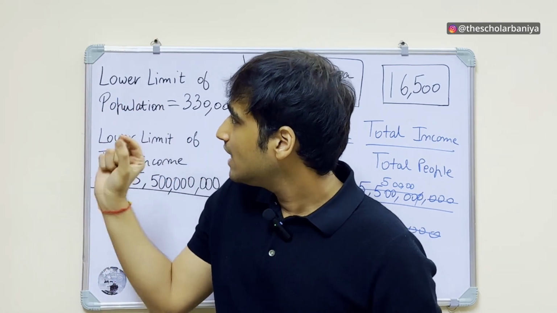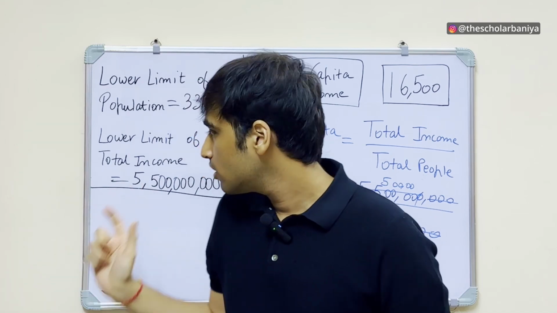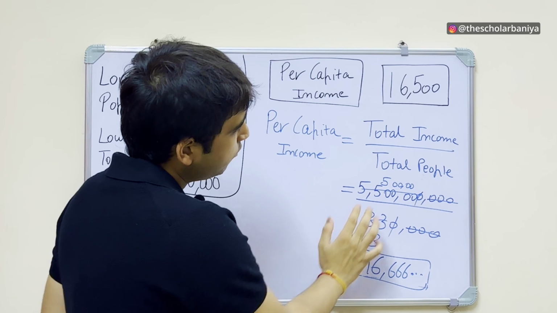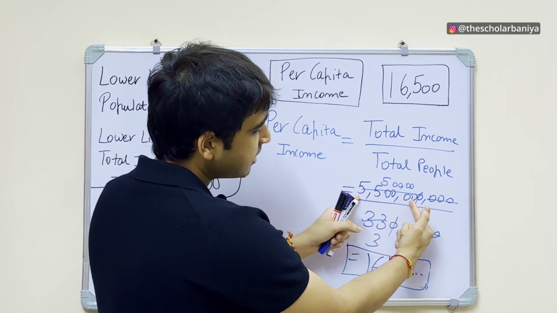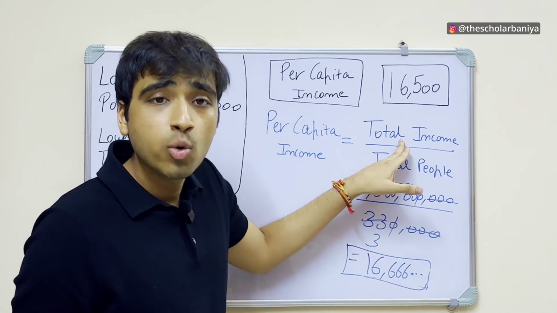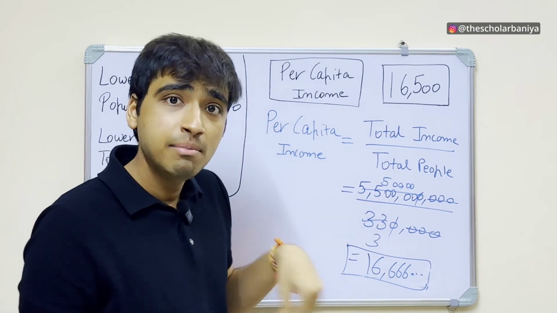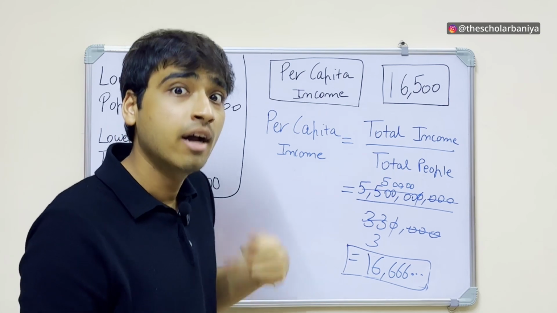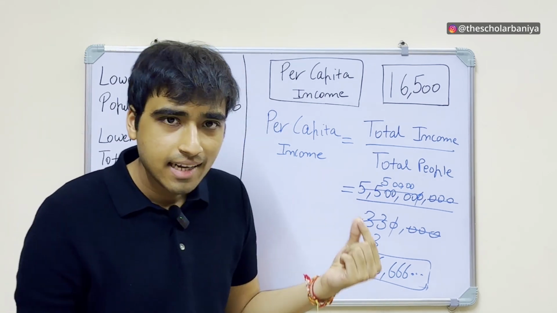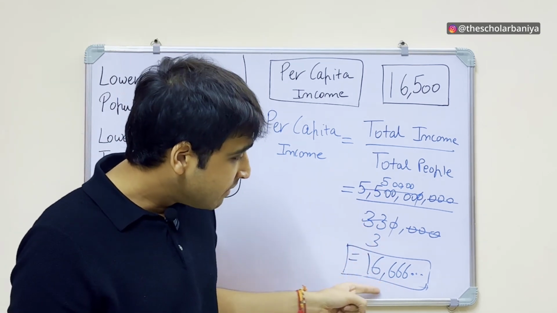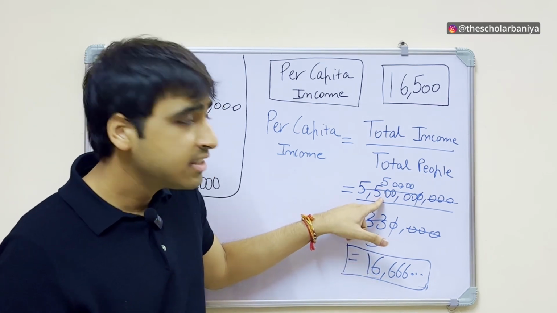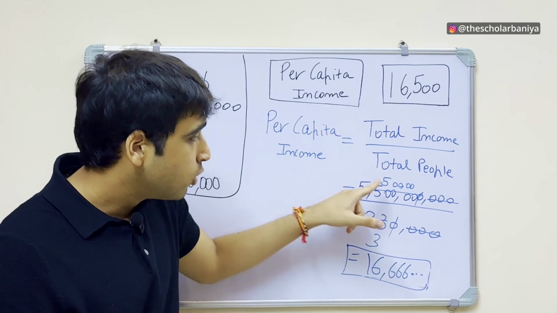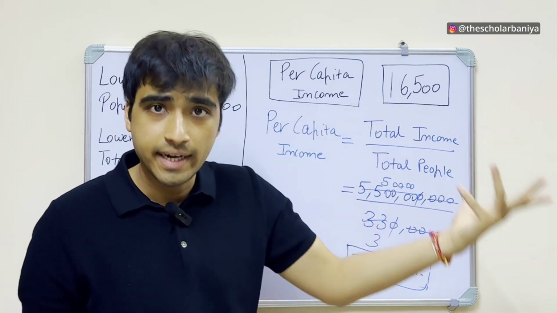It is specifically mentioned that it is the lower limit of the population and the lower limit of the income, which means that this income can be much greater. Instead of the number 55 over here, it can be 100, right? Then this number will be even greater, because if you increase the numerator and keep the denominator the same, then the overall value will become much greater, right?